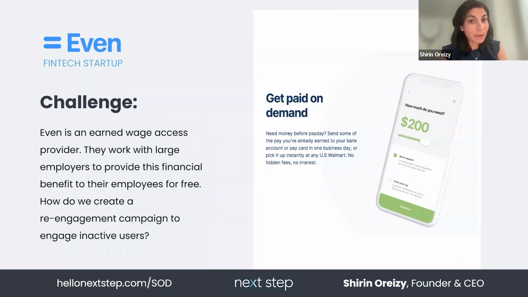Most Americans can't afford a large unaccounted-for bill. So let's say you have a big healthcare bill coming up, or you get into a car accident and you need money last minute. What they allow you to do is pull money from your future paycheck. Let's say you need to just borrow $200 from your paycheck. You do this and it's completely free. The alternative is using things like payday loans that can be very expensive.